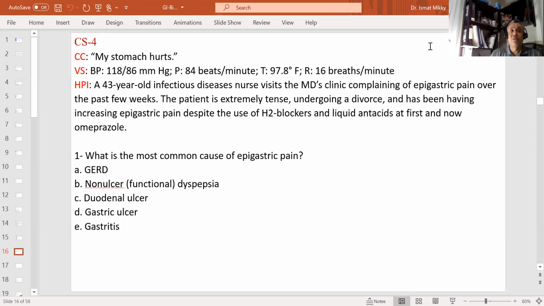About 50 to 90% of epigastric pain is functional dyspepsia, and no etiology is ever found. So non-ulcer dyspepsia is like a tension headache, for example. It is by far the most common cause of pain, and the mechanism is not clear. And the ulcers make up only about 10 to 15% of epigastric pain.